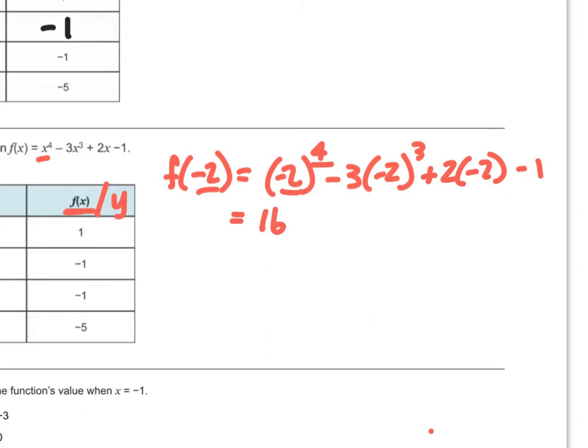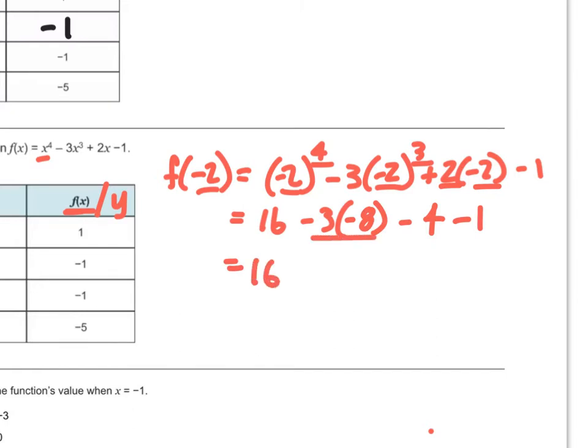And then I'm going to do minus 3 times (-2) cubed. Because I'm raising that to an odd power, 3 is odd, -2 times -2 times -2 is going to give me -8. And then 2 times -2 is -4, minus 1. Now let's evaluate this using my order of operations. I need to multiply first.